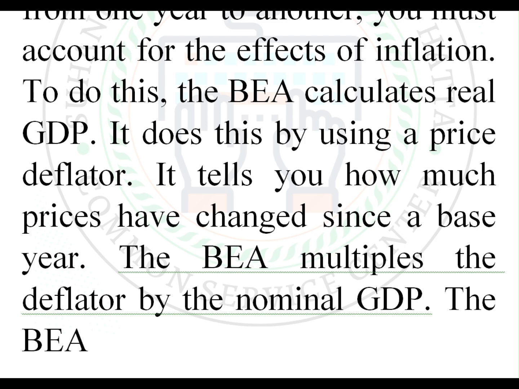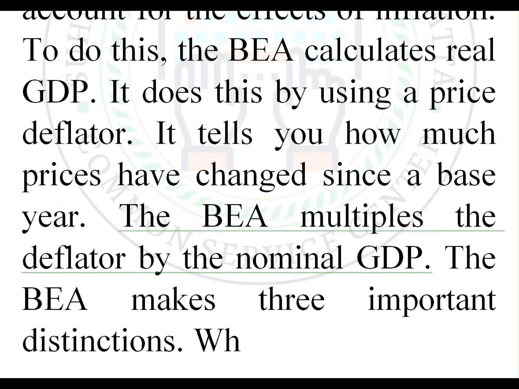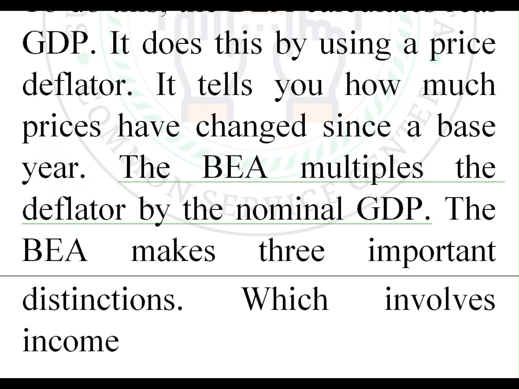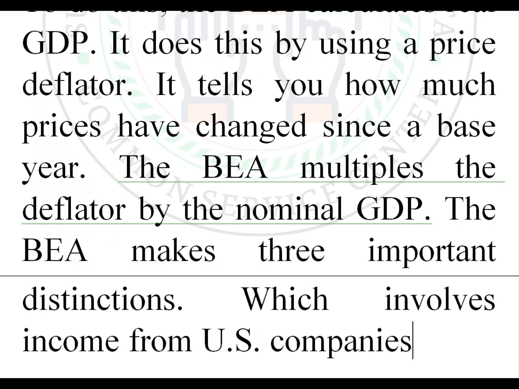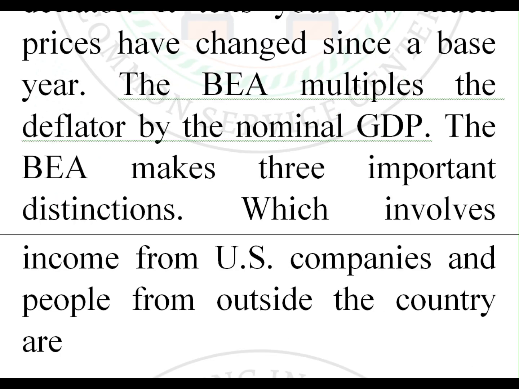The BEA makes three important distinctions. Income from US companies and people from outside the country are not included.